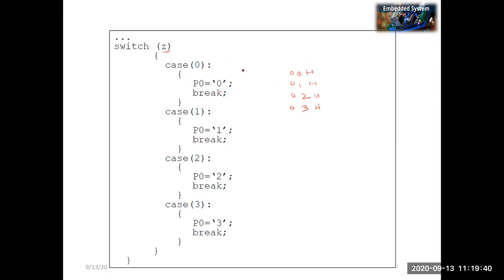All remaining 6 bits are masked. So in Z we could have either value 00, 01, 02 or 03, depending on the p1.0 and p1.1 bits.